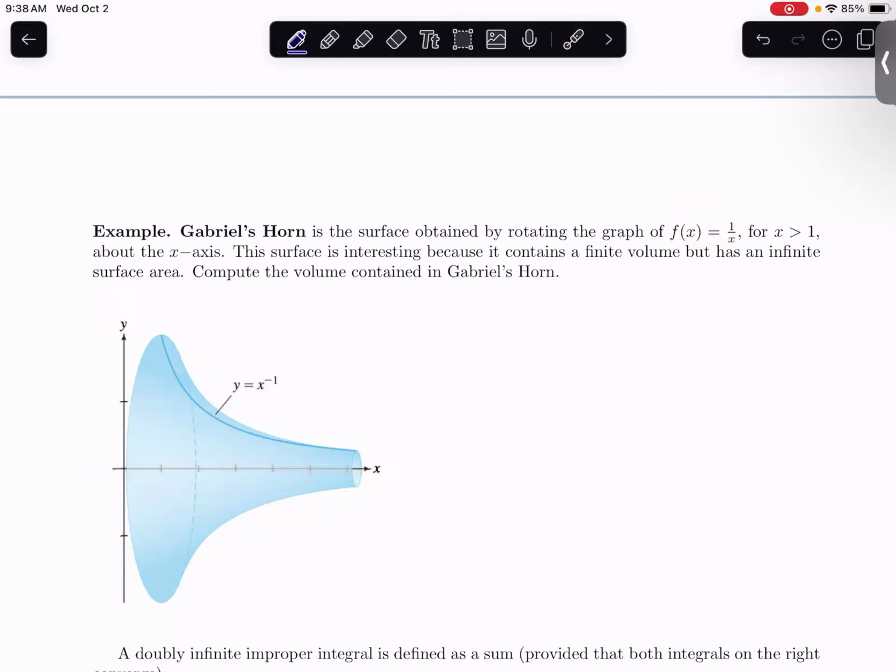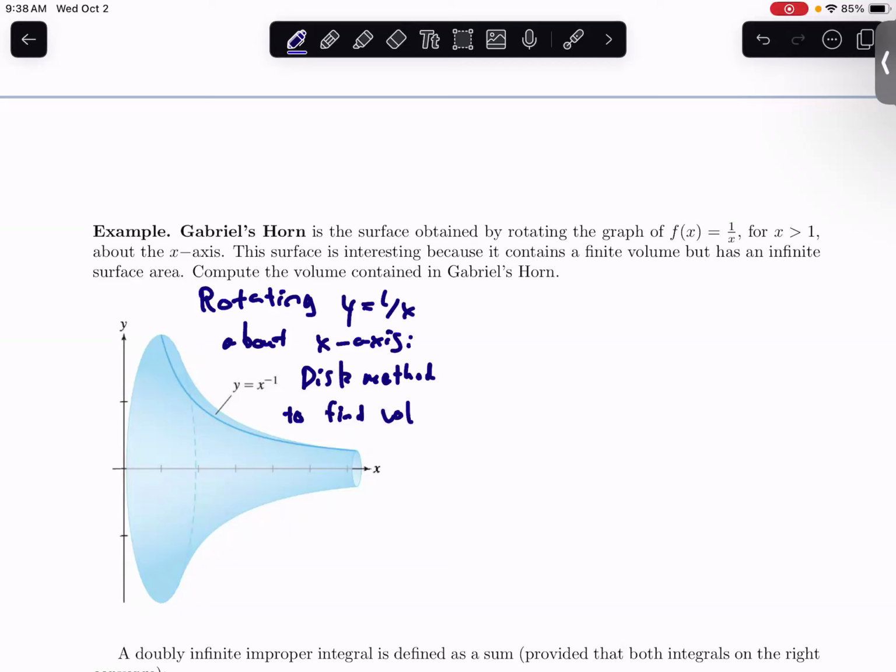So we're rotating y equals 1 over x about the x-axis. Maybe I don't have to put this in words, but I'm going to anyway. This means we're going to be using the disk method to find volume, right? It ultimately wants us to compute the volume, so we're going to be using some old equations.